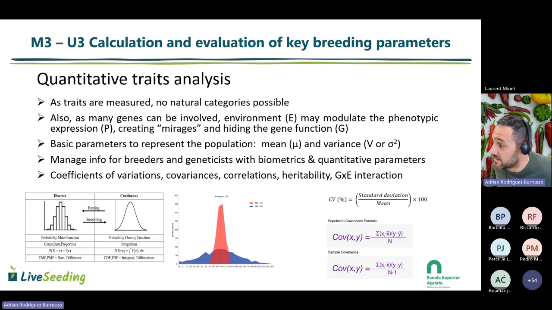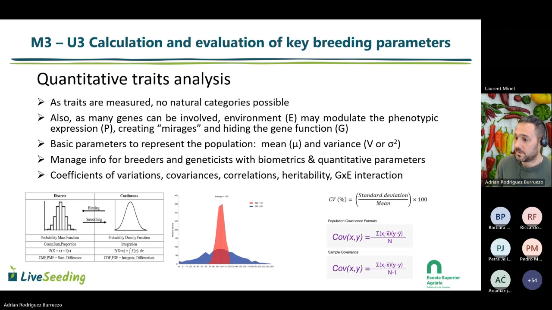So now you can understand that to represent a population in the most accurate but also simplest way, we need the mean to know in general terms the general value of the population, but also the variance, which gives us the idea of how wide, how diverse is the population around this mean value.